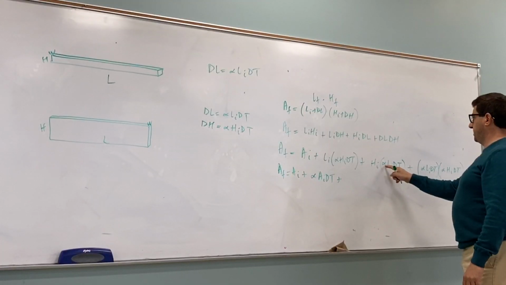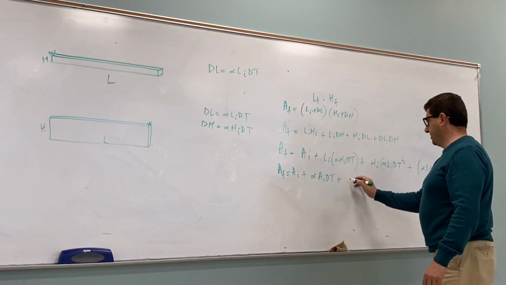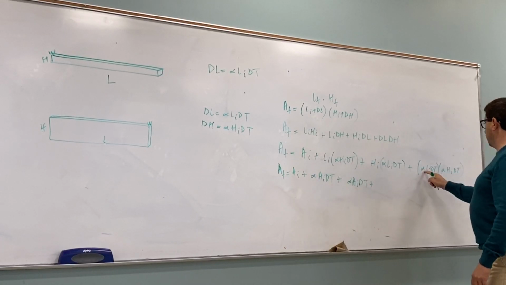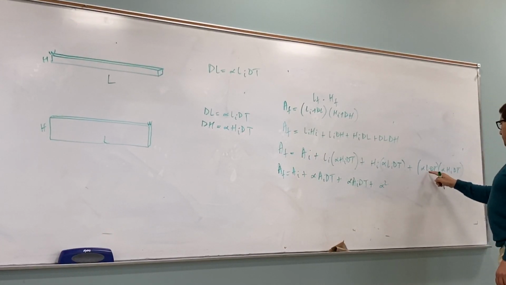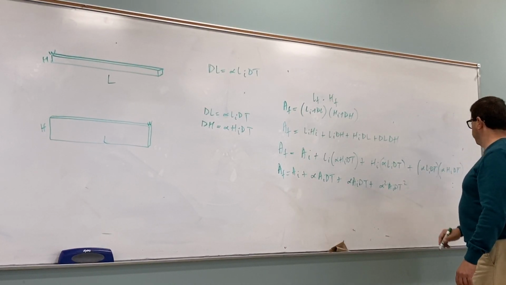And then alpha A H initial L initial, also initial area. And then alpha squared, and then L initial H initial area delta T squared.